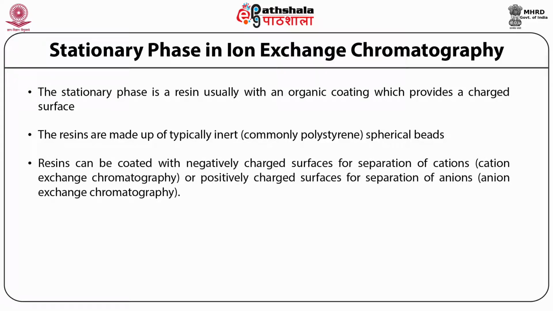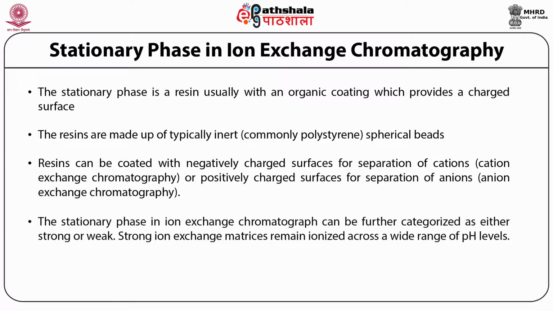Resins can be coated with negatively charged surfaces for separation of cations. These types of ion exchange chromatographs are known as cation exchangers. When the resin has a positively charged surface functionality, it is known as an anion exchange chromatograph. The stationary phase can be further categorized as either strong or weak. Strong ion exchange matrices remain ionized across a very wide range of pH levels.